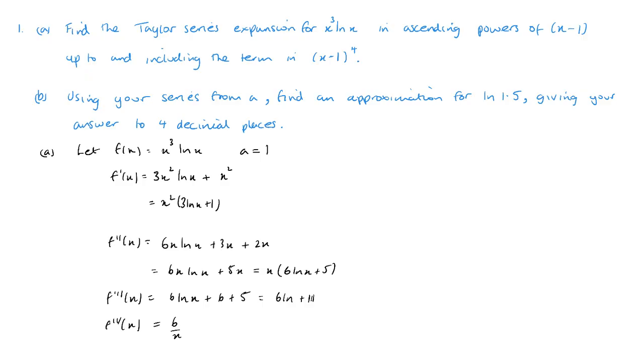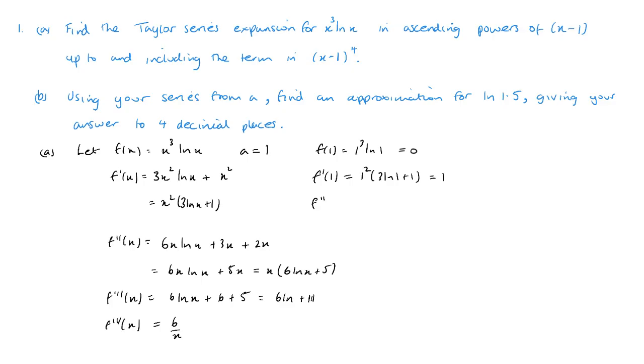Okay, so that is my differentiations. Now I need to substitute 1 in for x. So f of 1 is 1 cubed ln 1, which is 0. f dash of 1 is 1 squared times (3 ln 1 plus 1); ln 1 is 0, so this is 1.